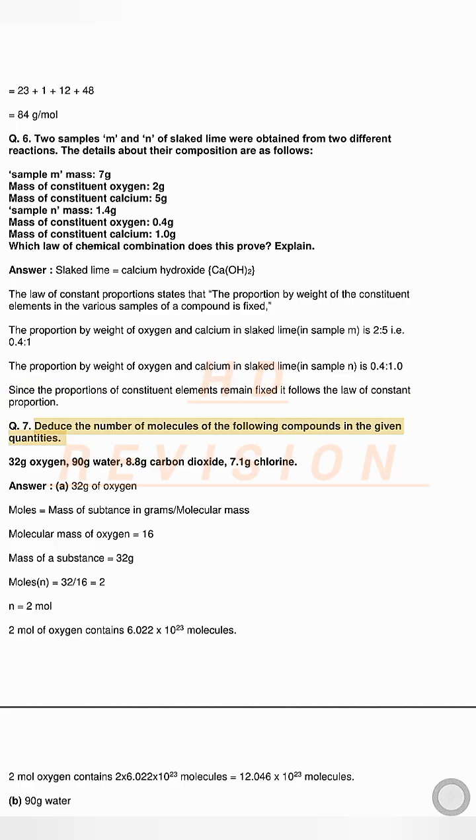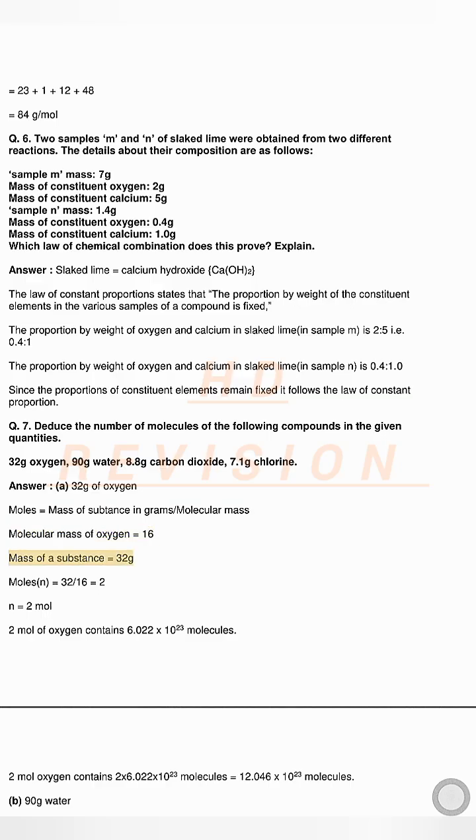Q7. Deduce the number of molecules of the following compounds in the given quantities: 32 grams oxygen, 90 grams water, 8.8 grams carbon dioxide, 7.1 grams chlorine. Answer. A. 32 grams of oxygen. Moles equals mass of substance in grams divided by molecular mass. Molecular mass of oxygen equals 16.